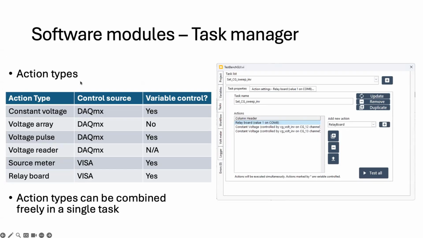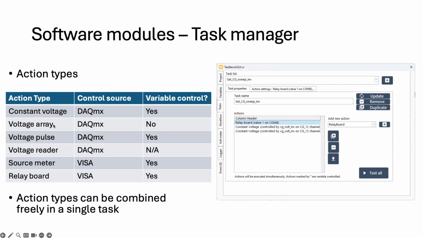What you can define in tasks are actions. What kind of actions do we have implemented at the moment? You can define a constant voltage action. This will generate a constant voltage on one of the analog output channels. Then you can define several analog outputs at the same time.